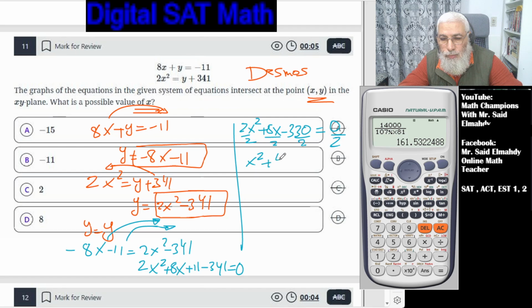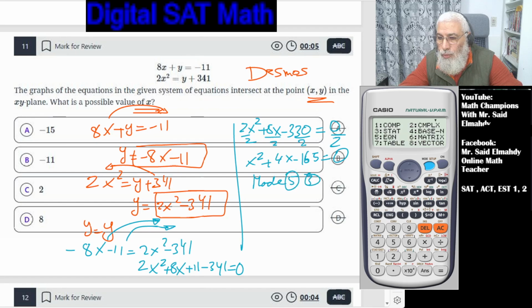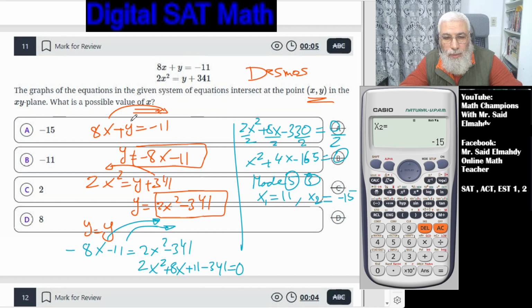So x squared plus 4x minus 165 equals 0. We can solve using calculator mode 5-3. x1 is 11 and x2 is negative 15. What's the possible value of x? It can be negative 15 or positive 11. So the solution is negative 15.